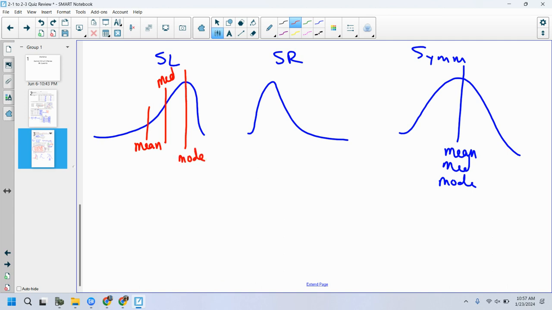The mean's getting pulled toward the tail. So flip that: this is the mode, most. The median would be somewhere in here on skewed right, and then the mean is a little bit pulled further to the right.